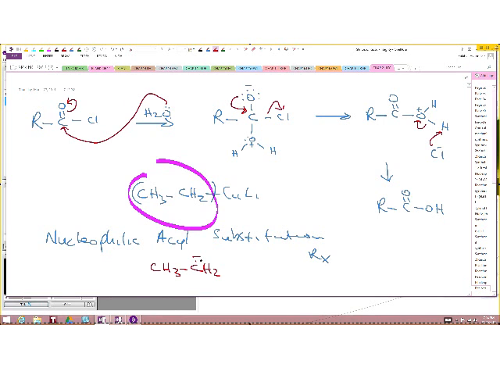That's the nucleophile that will attack the carbonyl carbon. And then everything happens from there. Okay, so all of these reactions that we just gave you, they come under this category of reaction mechanism, nucleophilic acyl substitution reaction.